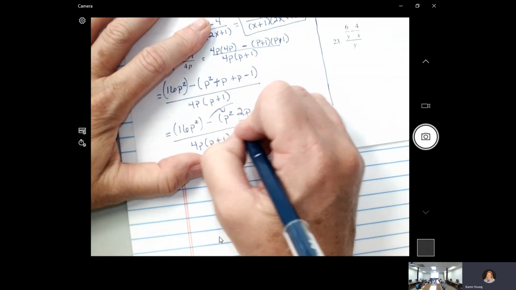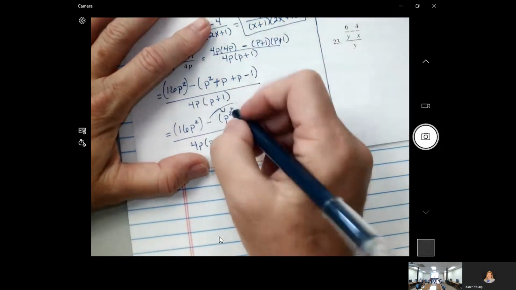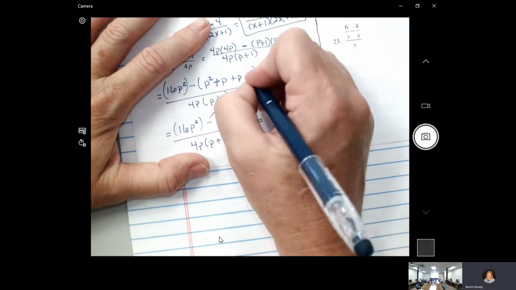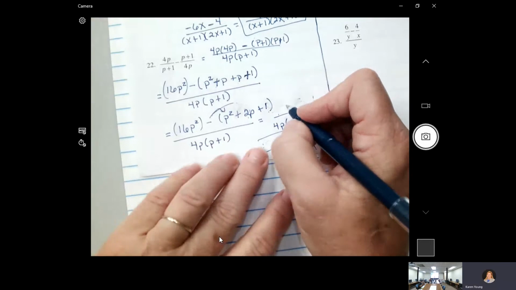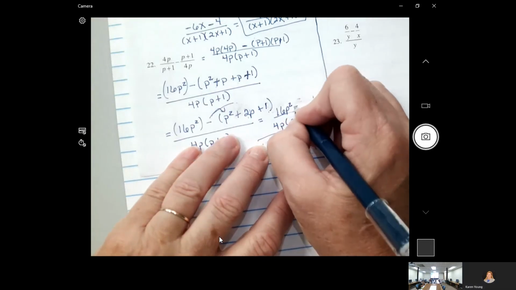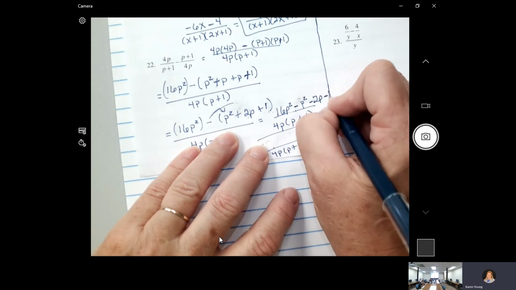That gives me 2p plus 1. Then I'm going to have the 16p squared minus p squared minus 2p minus 1.